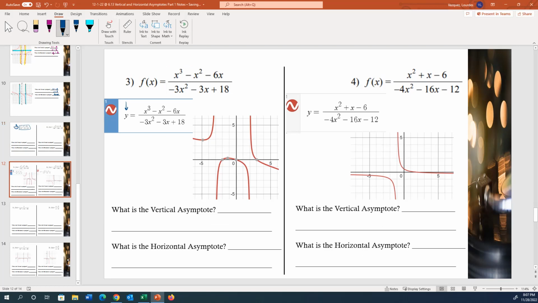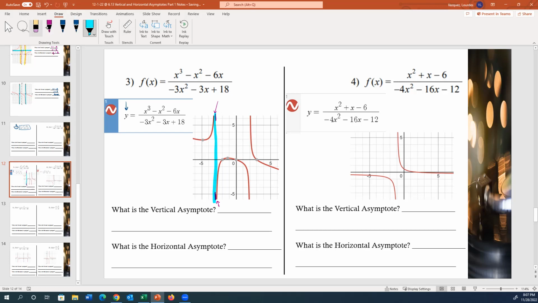the graph looked like. So once the graph comes up, it's your job to figure out if there are any vertical or horizontal asymptotes. So as we're looking, we can see that this line is approaching right here, but it's never touching. And this line is also approaching the same place, but never touching. So that is one of our vertical asymptotes.